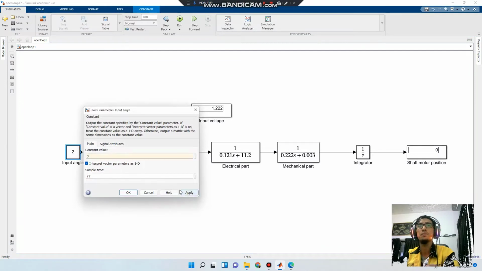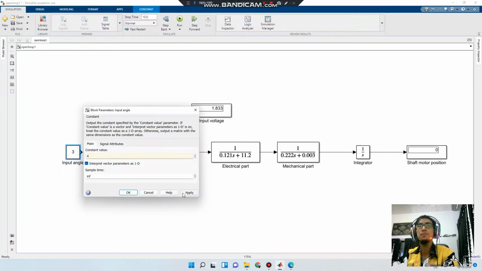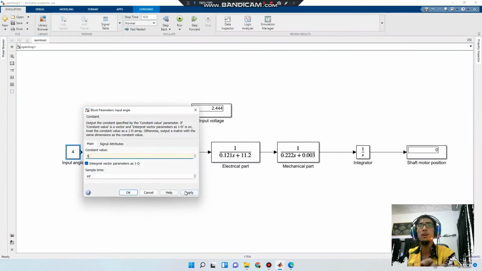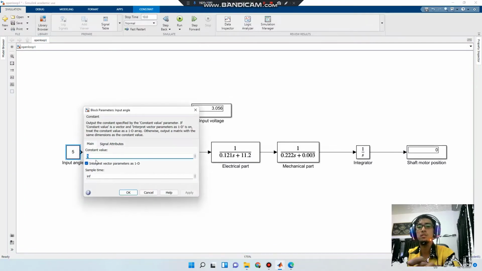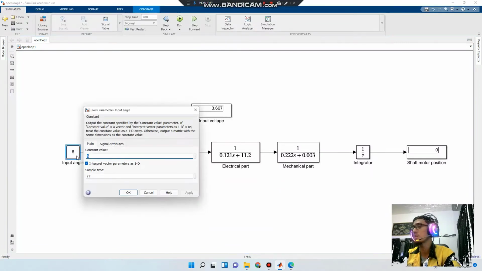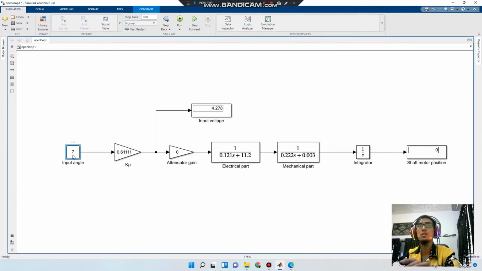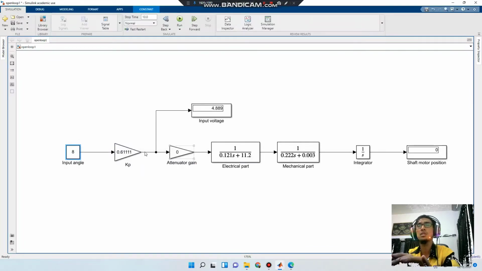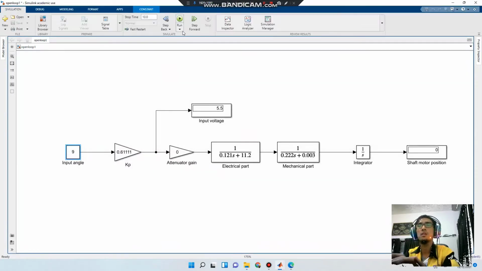Then 3, still 0. 4, still 0. 5, still 0. 6, still 0. 7, still 0. 8, still 0. 9, also 0.